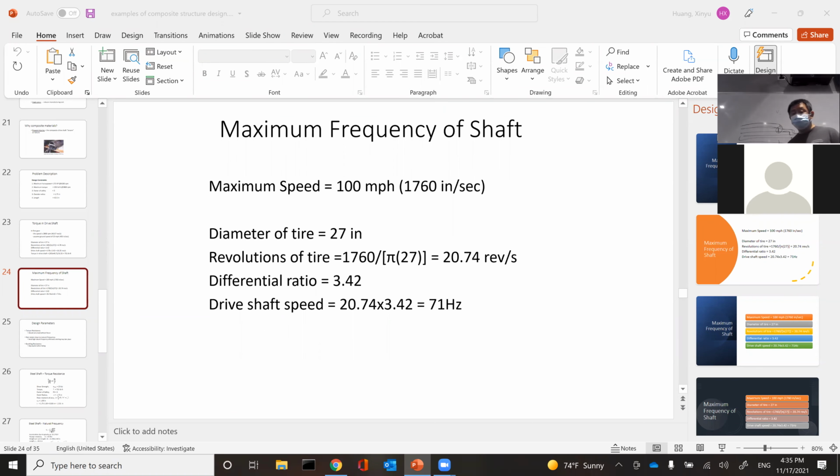And the reason for doing this is vibration considerations. You do not want the natural frequency of your shaft to be lower than this. If that's the case, then when you speed up, you will hit the resonance. Let's say the resonance frequency of the shaft, the first mode, is 50 hertz.